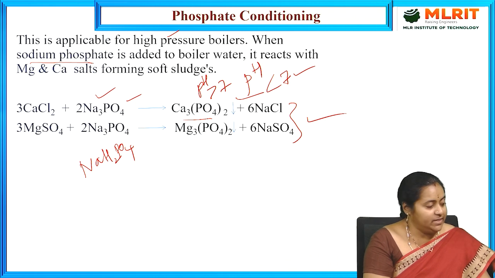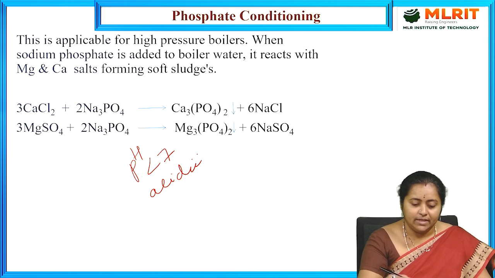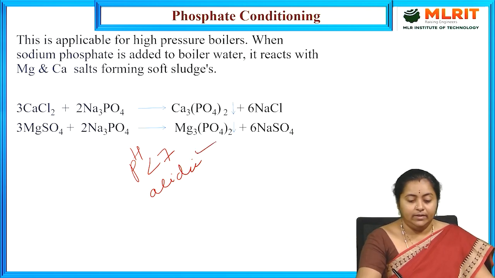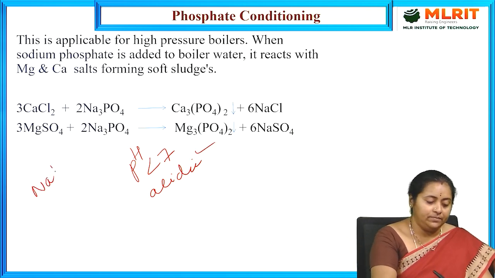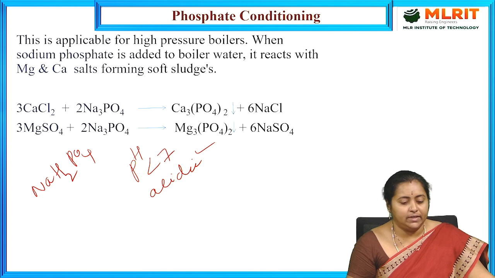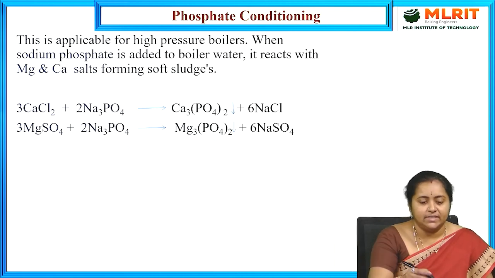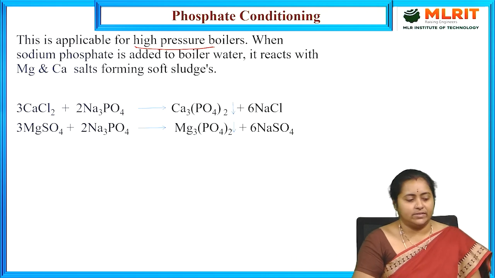If the pH value is less than 7, that means the water is acidic in nature, then we can add sodium dihydrogen phosphate, NaH2PO4. This is able to convert the calcium and magnesium salts into corresponding soluble complexes which can be removed by blow-down operation. So this is about phosphate conditioning, and this is applicable for high pressure boilers.